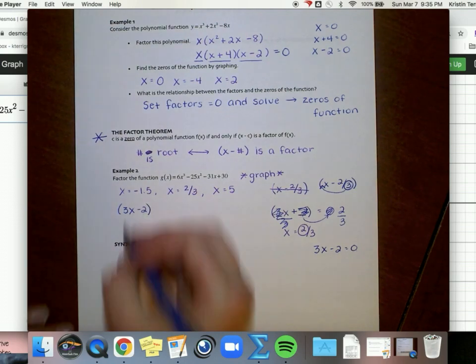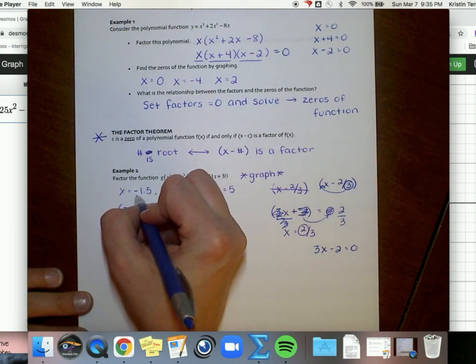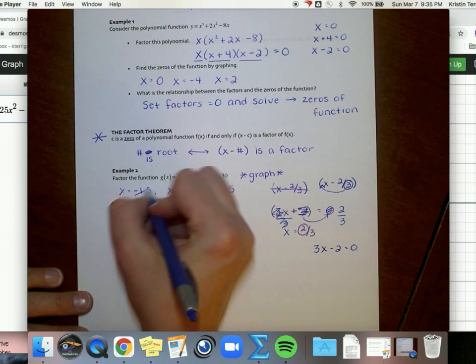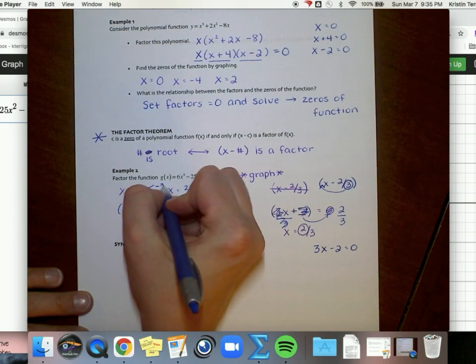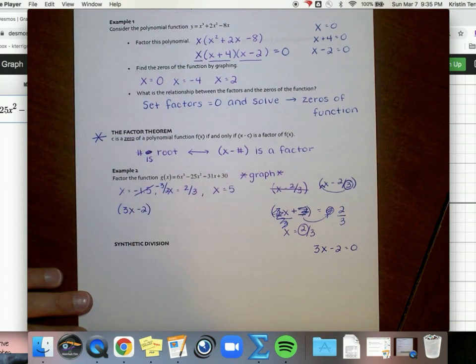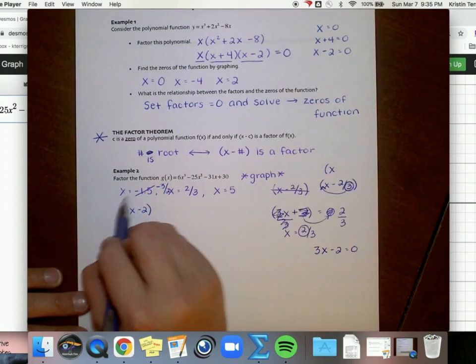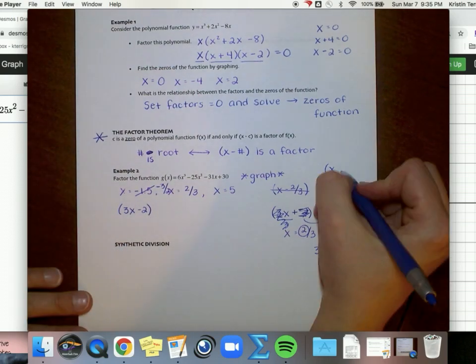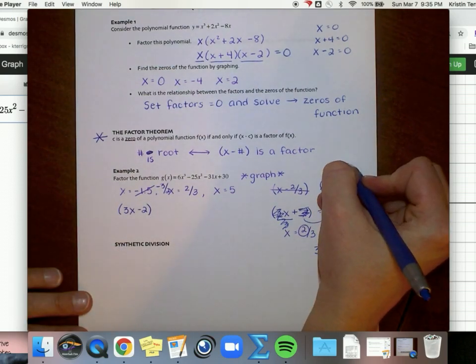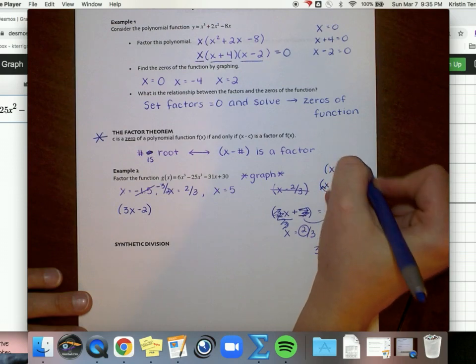So let's think about this one. I'm going to take this -1.5 and I'm going to write it as a fraction. So that -1.5 is -3/2. Which means that if I were to write it as a factor, it would be x minus -3/2. So if it's minus a negative, I'm really writing it as a plus 3/2.